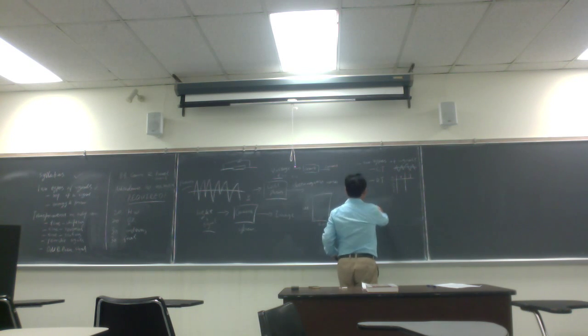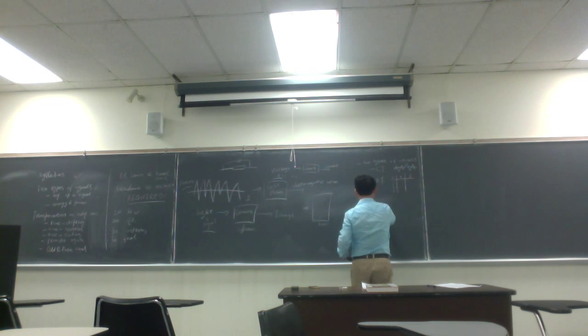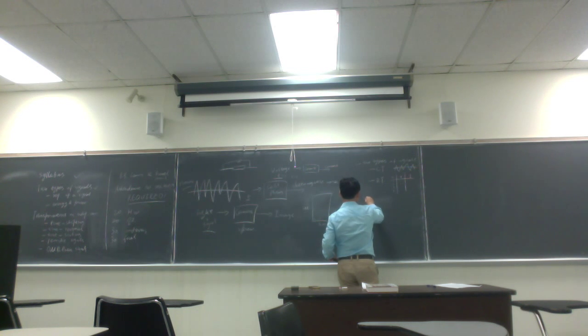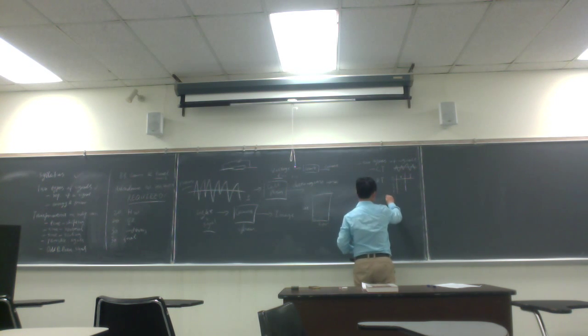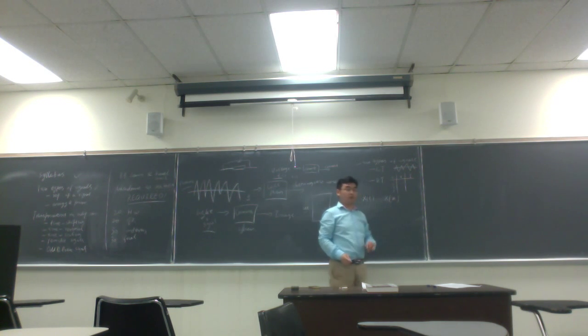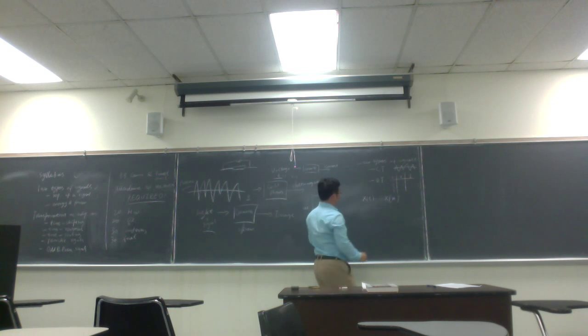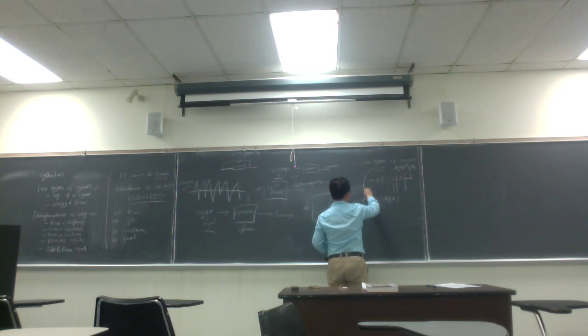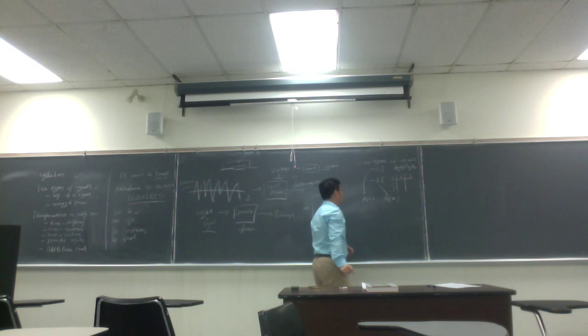In order to represent them, since it's a function of these time variables, for continuous time I will use x of t to represent the signal, and for discrete time, I will use x of n. Here I use parentheses, and here I use square brackets, for continuous time and discrete time.